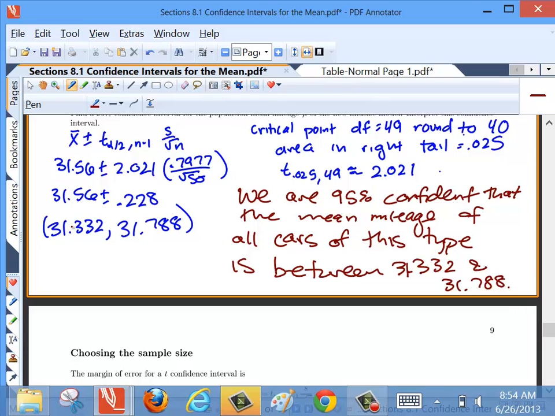My confidence interval goes from 31.3 to 31.78. So I'm 95% confident that the mean mileage of all the cars of this type, since that's my population I'd be interested in, is between 31.3 and 31.78. Questions on this? Were there any places where you got stuck?